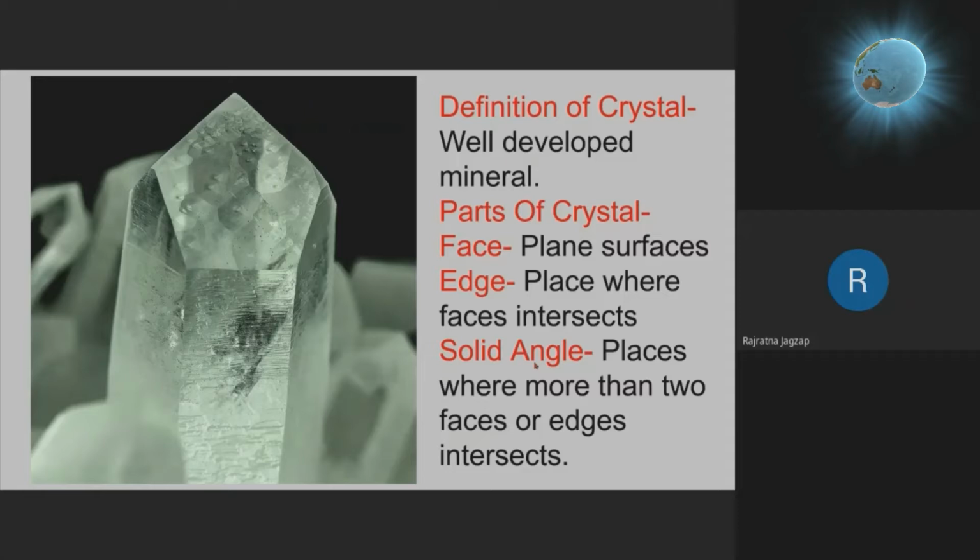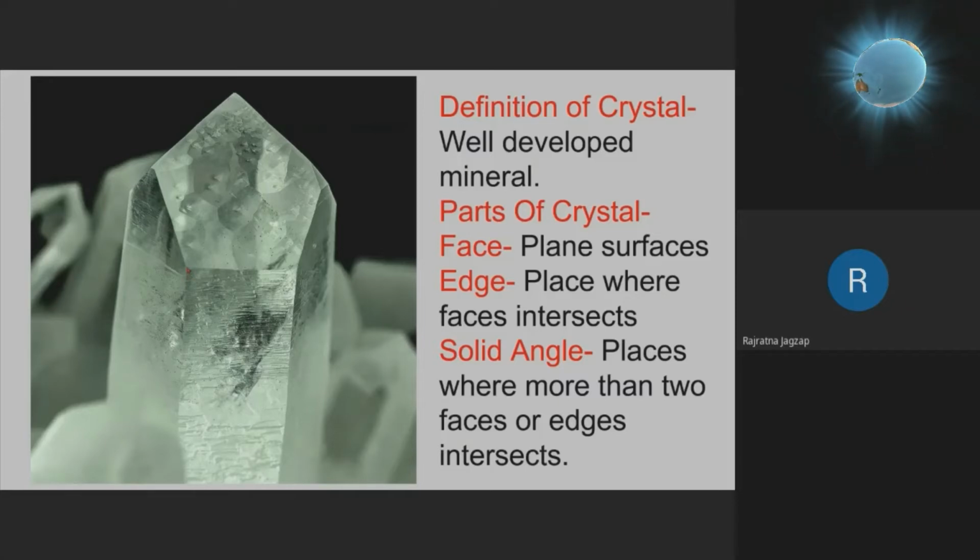And the third part is solid angle. This is a solid angle, where more than two faces meet. This front face and side face intersect at this point. This is a solid angle. You can also see that three edges meet: 1, 2, 3.